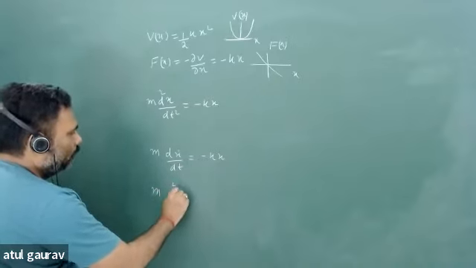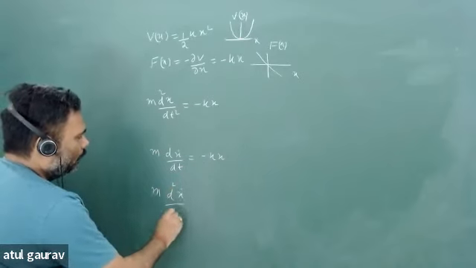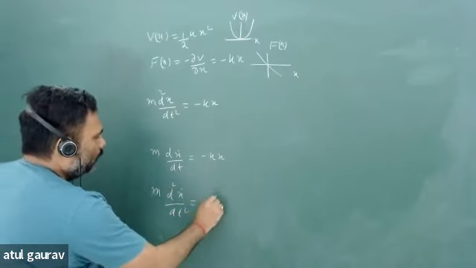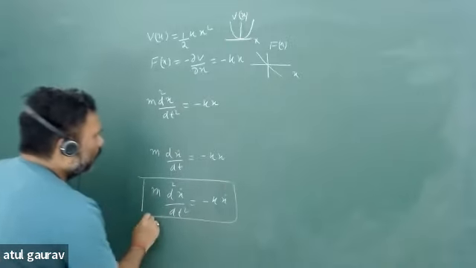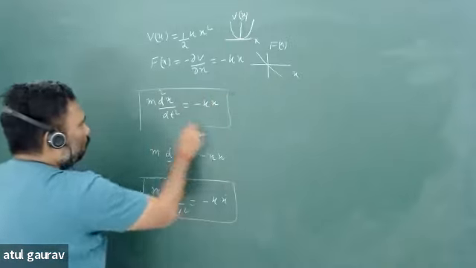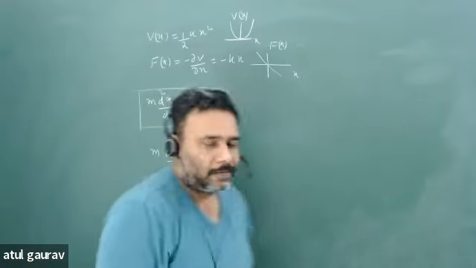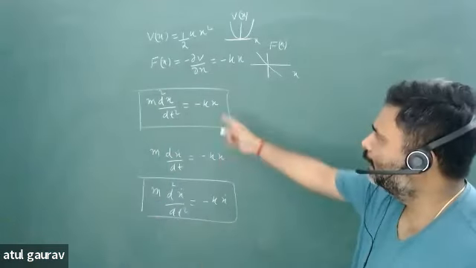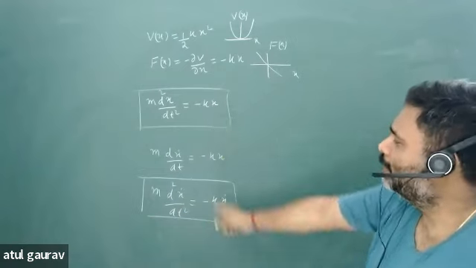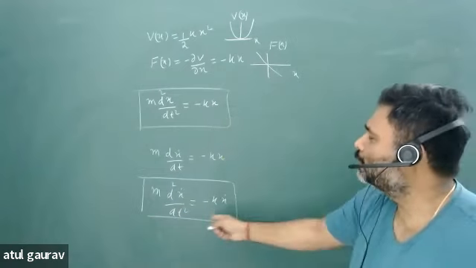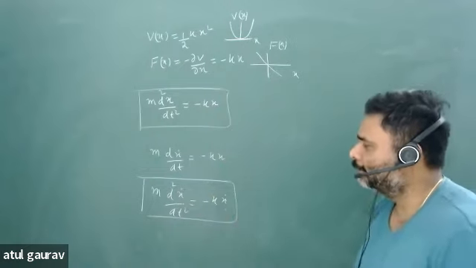So d square x dot upon dt square is equal to minus x dot. So from these two equations, can I say the velocity, first time you can see that velocity and position have followed the same type of equation, isn't it?